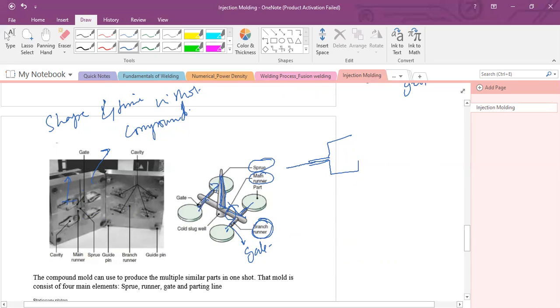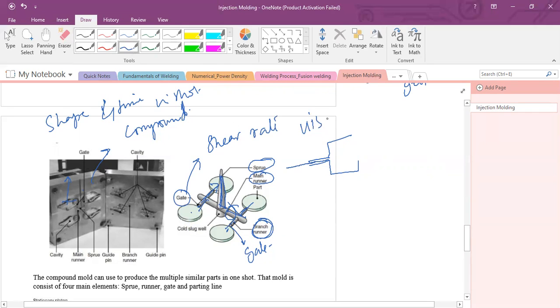And this gate is used to increase the shear rate. Due to the shear rate, the viscosity of the polymer melt will reduce and the material is filled into the cavity properly. This gate will increase the shear rate, and due to shear rate, viscosity will decrease.